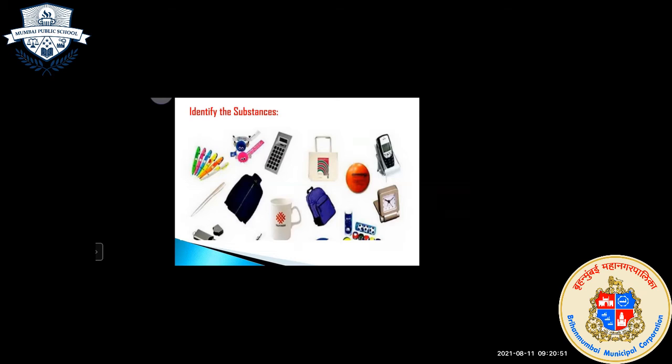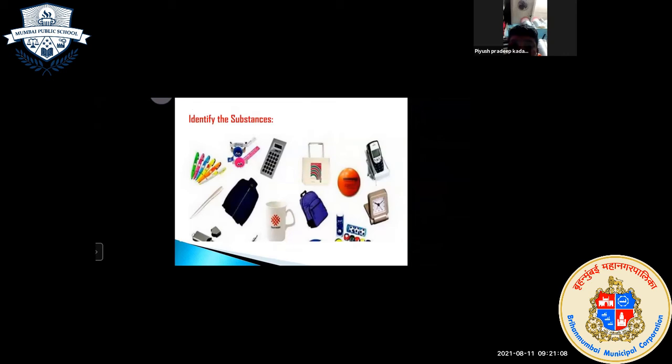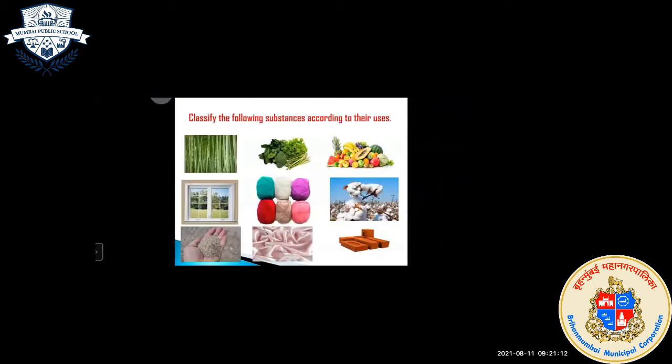So here cloth is substance and bag is object. Same way, if the leather bag was there, leather is a substance and bag is the object. So just go ahead as you understand the concept of substance and objects.